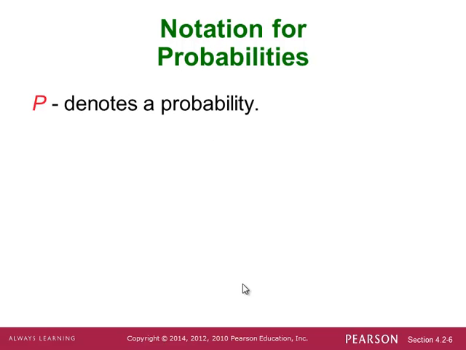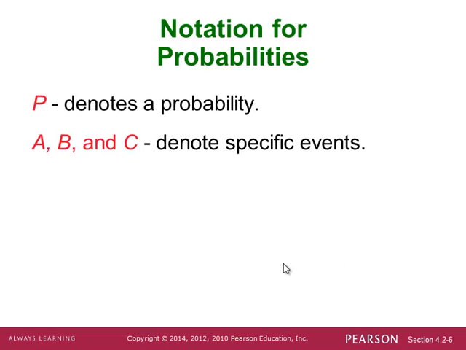Some notation here. P stands for probability, typically. When we use other capital letters of the alphabet, like A, B, and C, maybe E and F, those are usually going to be names of events, because an event is really a set.